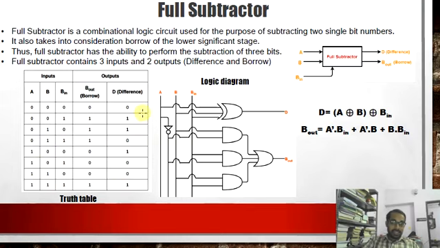That means the difference is an XOR operation between these three inputs. So the difference is A XOR B XOR B in, and you can see the corresponding borrow combination. You can see that these are the corresponding ones.